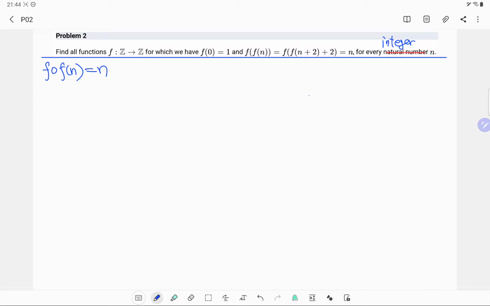So actually, f(f(n)) = n implies that f is injective. So what does injective mean? It means that if f(m) is equal to f(n), then m is equal to n.